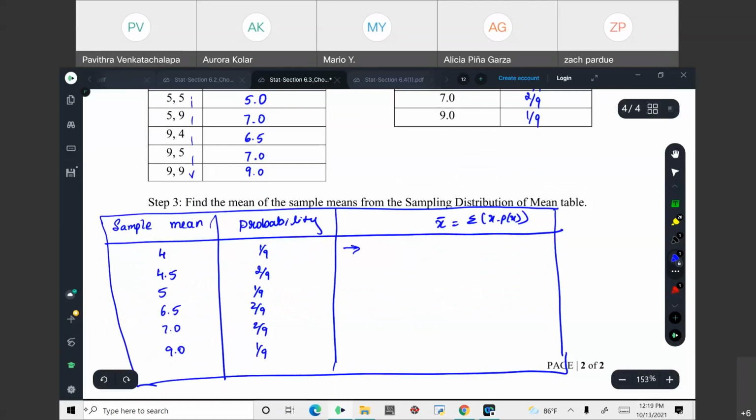Okay, so how do you calculate this? 4 into 1 by 9, 4.5 into 2 by 9, 5 into 1 by 9. Just multiply the x with the probability of x.